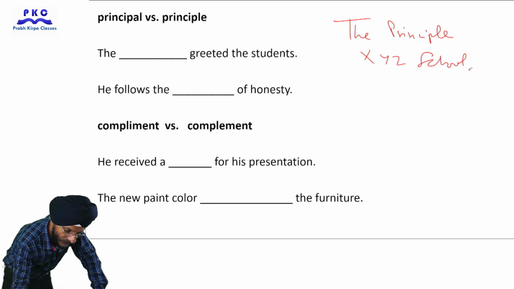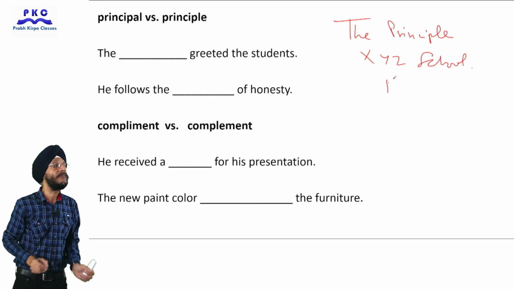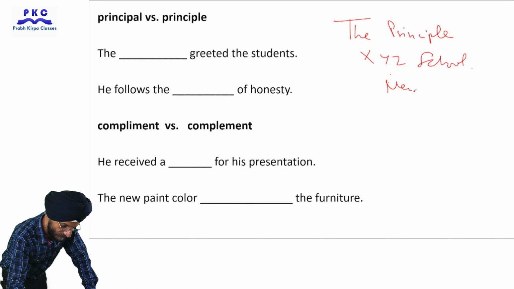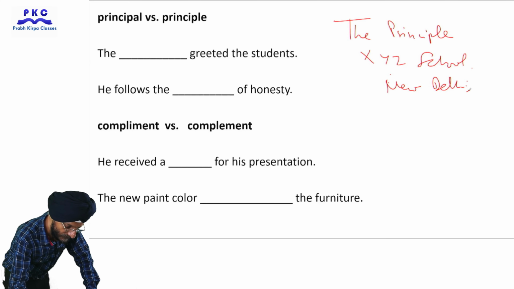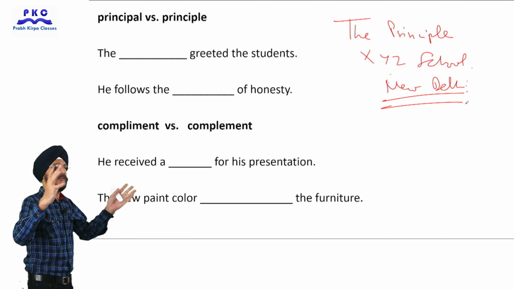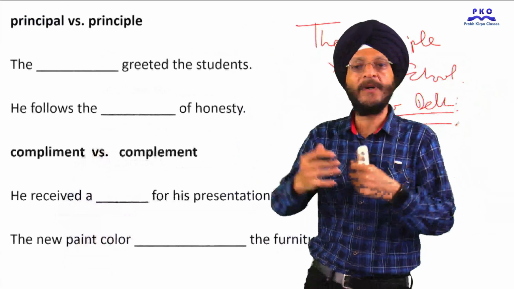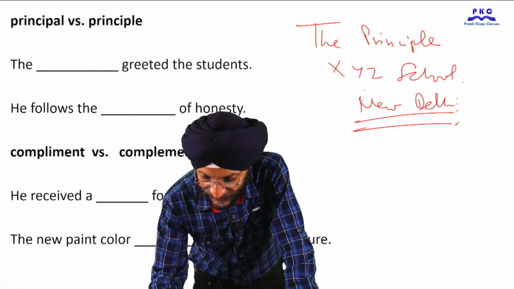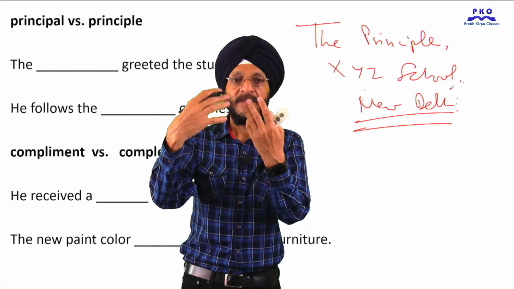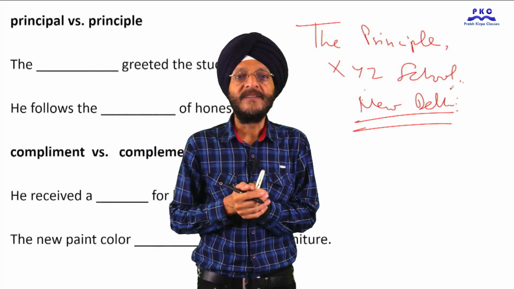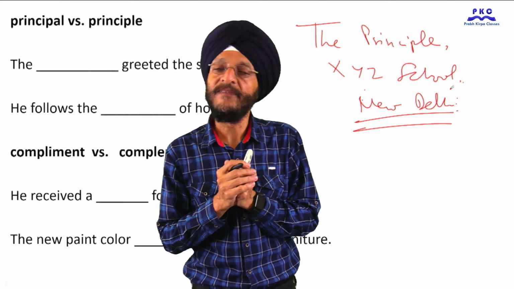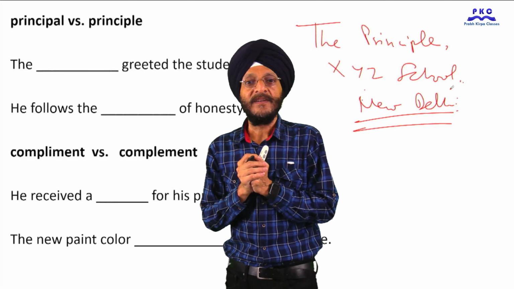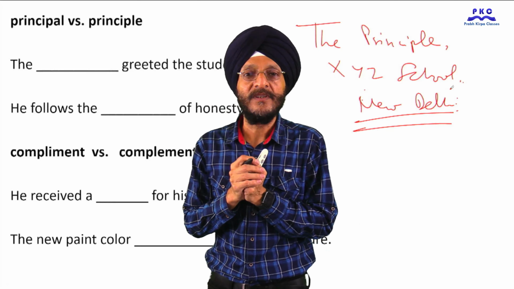You say that I am a postgraduate in English and I am working as an officer in a government organization. Then on seeing your letter, the principal of the school will understand what type of education you have.